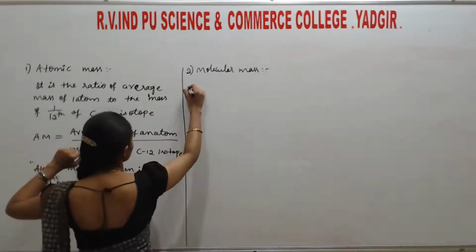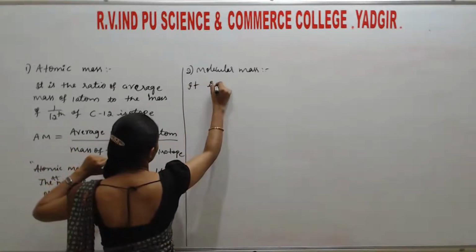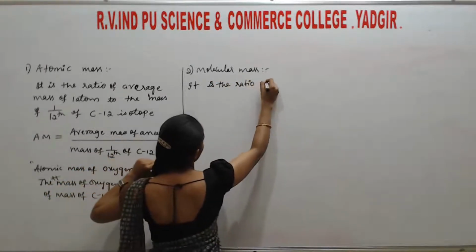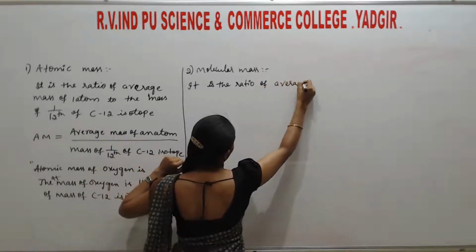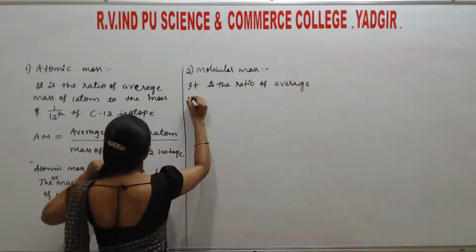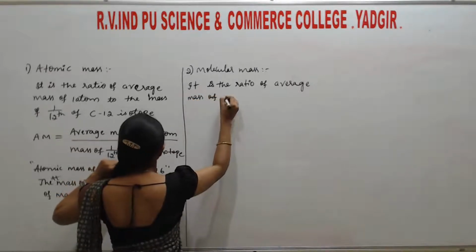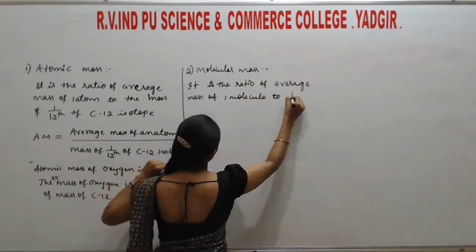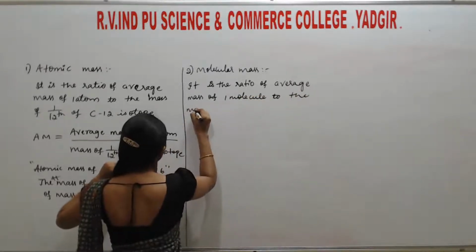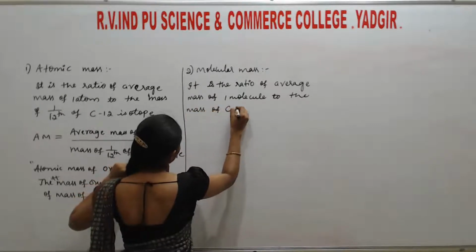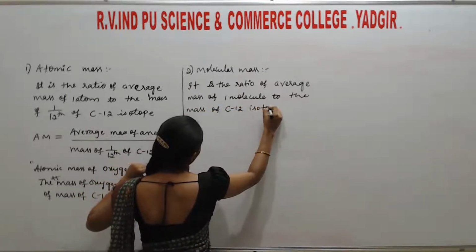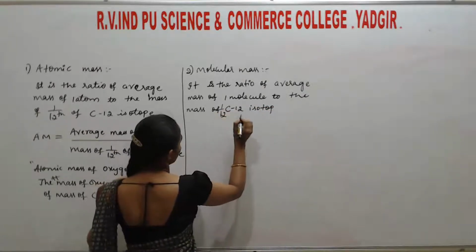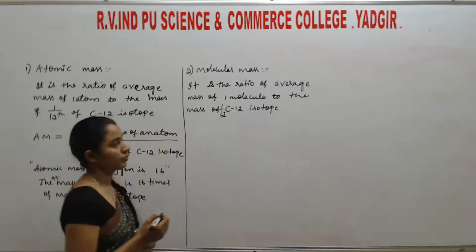I'll say it is the ratio of the average mass of one molecule to the mass of 1 by 12 of the carbon-12 isotope.